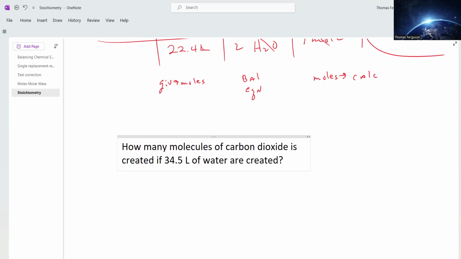Okay, so is the equation balanced? Yes, already balanced it. Step number two, what's given? 34.5 liters STP of water, and we're trying to calculate how many molecules of carbon dioxide. So whenever you hear how many, think Avogadro's number.